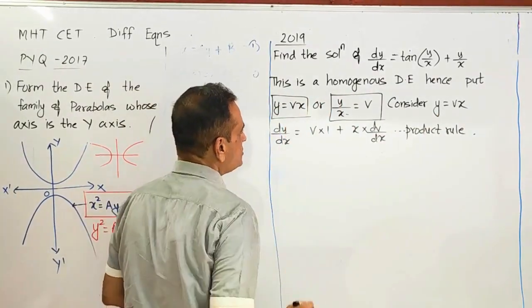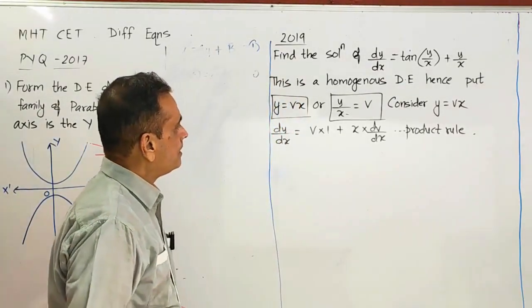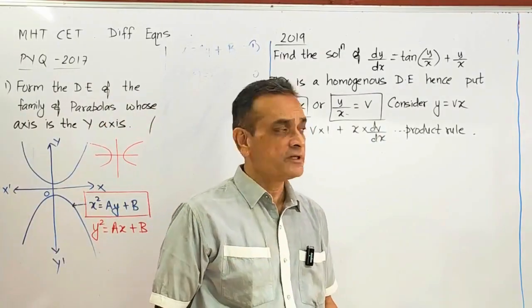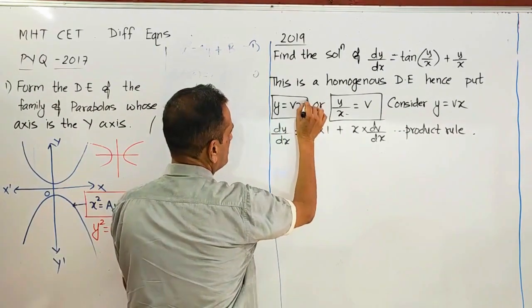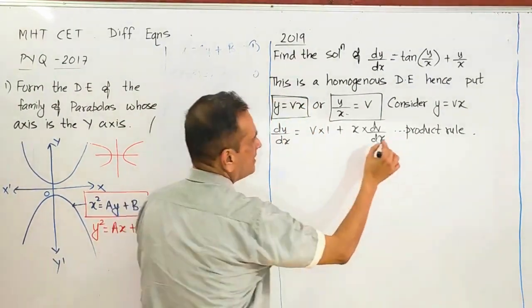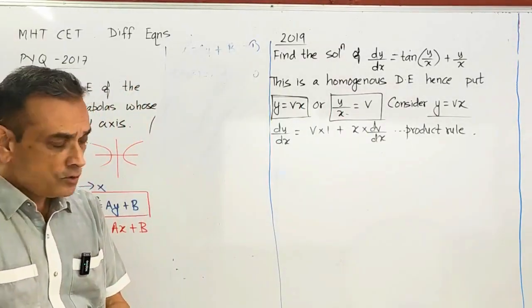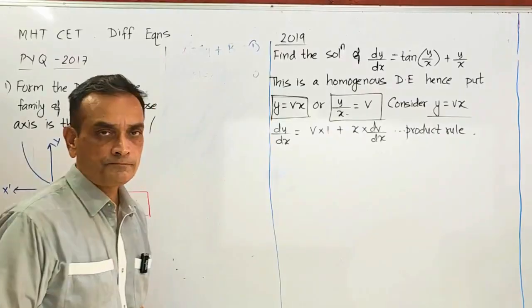Because it becomes easy to differentiate, product rule. Remember, after substitution we have to differentiate with respect to x. So I am considering this equation for differentiation. Consider y is equal to vx. Now v is not a constant, it is a variable.